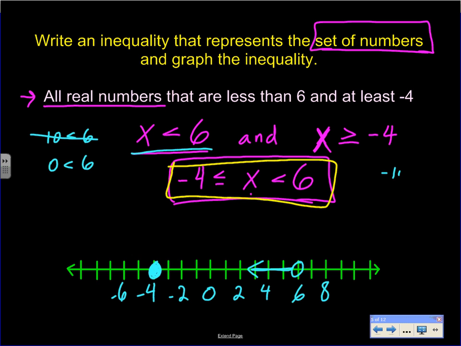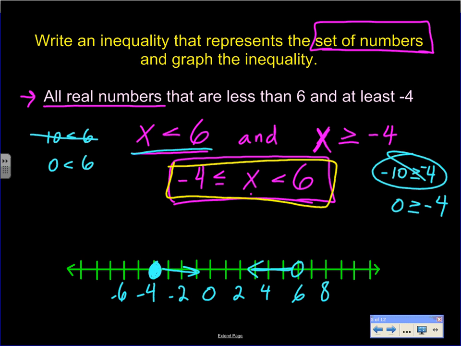I'm picking negative 10. Pick a point on the right. I'm going to pick 0. Is negative 10 greater than or equal to negative 4? No. Negative 10 is not. Is 0 greater than or equal to negative 4? Yes, it is. So the arrow points towards 0.